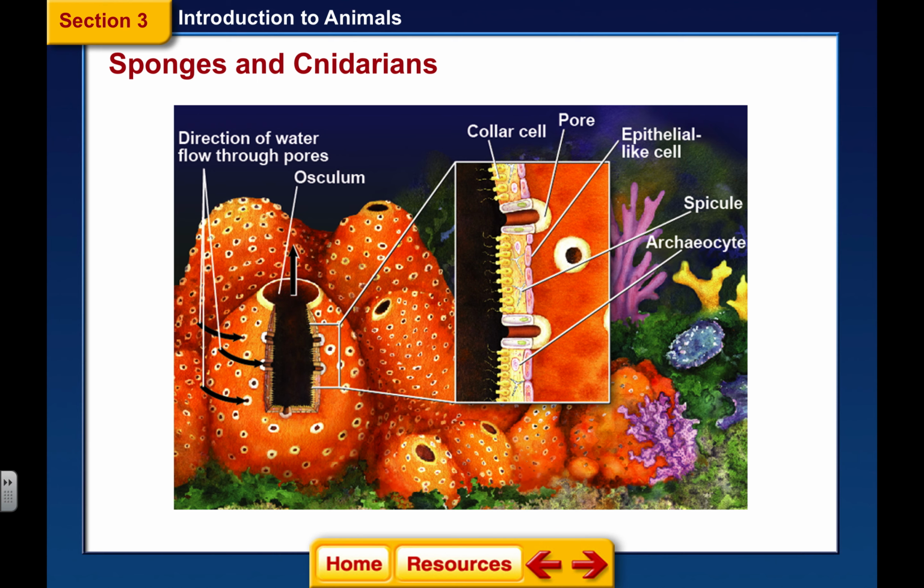Starfish move over sponges and eat them. A lot of times starfish will go away if they get a mouthful of these spicules. Then you can see here the amoebocytes down below. They're also for digestion, and on the outside we have these pinacocytes, an epithelial-like cell that together make up the pinacoderm.